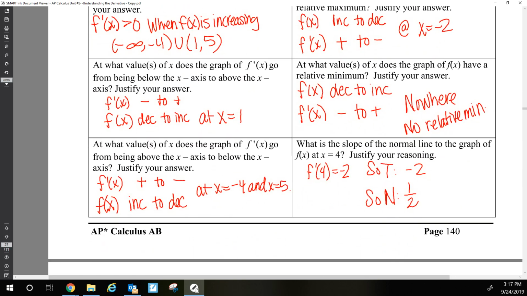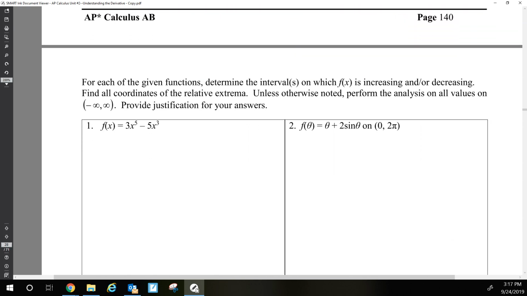So in order to find those, I've got to first find what? The derivative, right? So f prime of x, the derivative of f of x, is going to be 5 times 3, which is 15x to the 4, 5 minus 1. And then 3 times negative 5 is negative 15 x to the 3 minus 1, which is x squared. So there's my derivative.